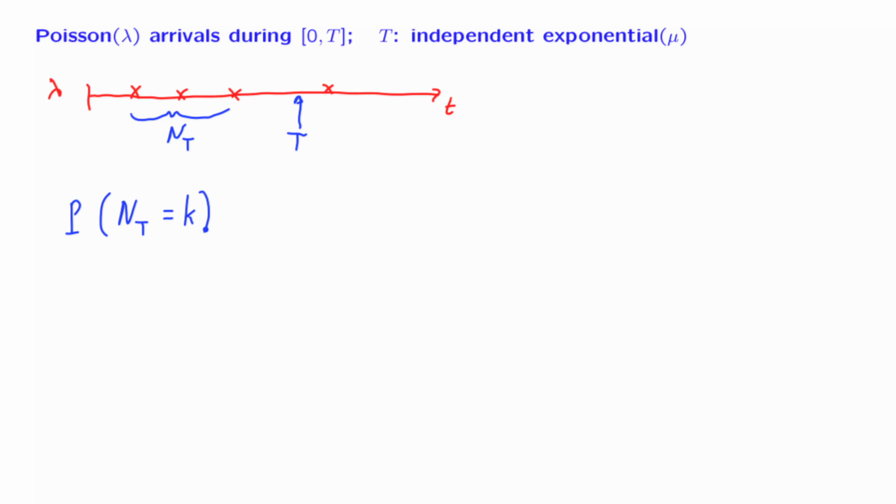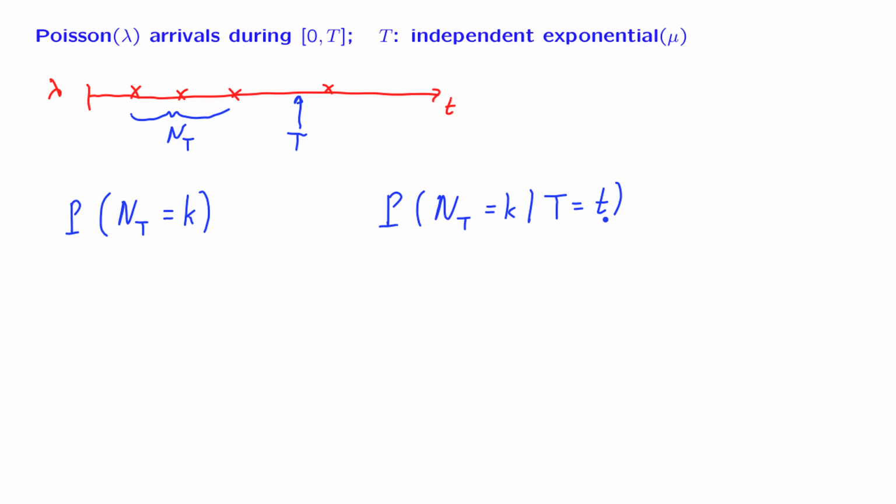Now, we do not know very much about this random variable, but we do know the probability of the random variable N_t if we have a deterministic time. So perhaps we can condition by fixing the value of the random variable capital T, that is, to condition on that random variable taking on a specific value. What happens in this case?